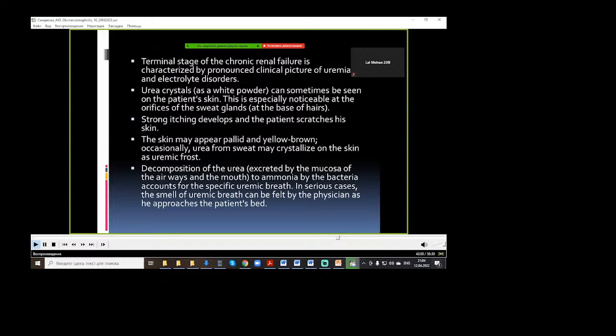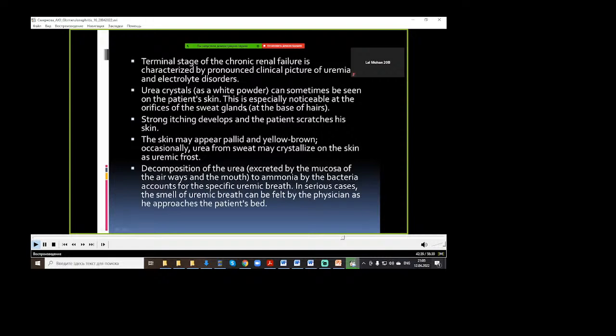Occasionally, urea from sweat may crystallize on the skin as uremic frost. Decomposition of the urea excreted by the mucus of the airways and the mouth to ammonia by the bacteria accounts for the specific uremic breath. In serious cases, the smell of uremic breath can be felt by the physician as he approaches the patient's bed.